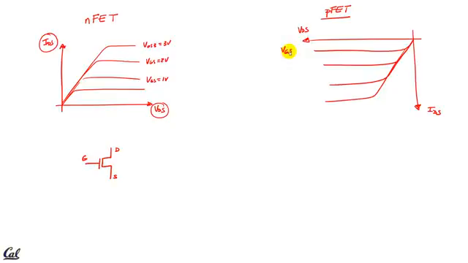If it's 0, nothing happens. If you have a sufficiently large magnitude negative number, then you start running current. So if VGS is minus 1 volt, minus 2 volts, minus 3 volts, you see as VGS gets more negative, you have these values.